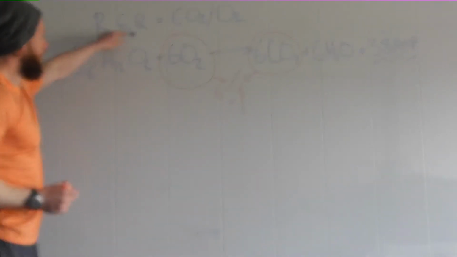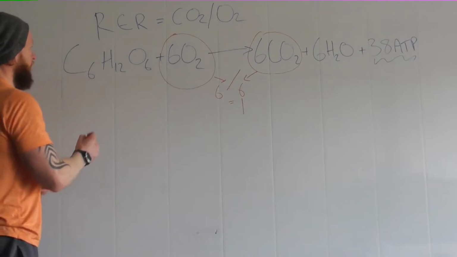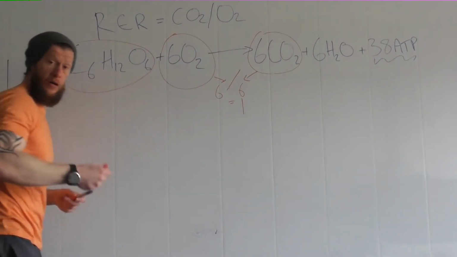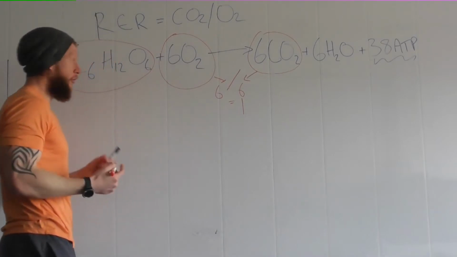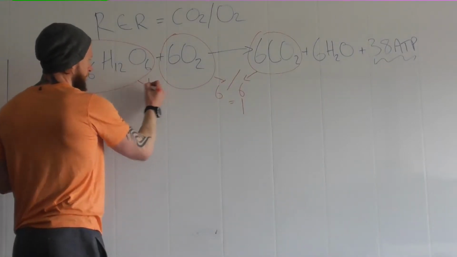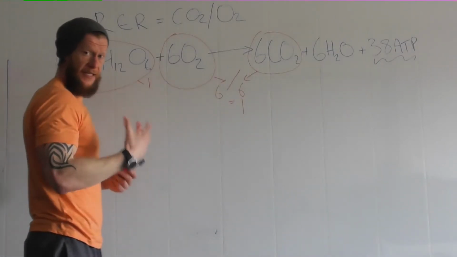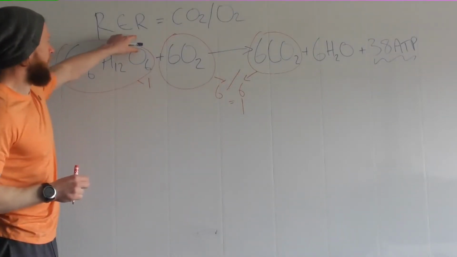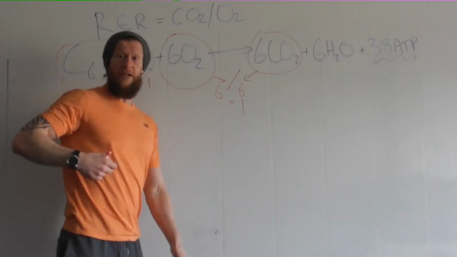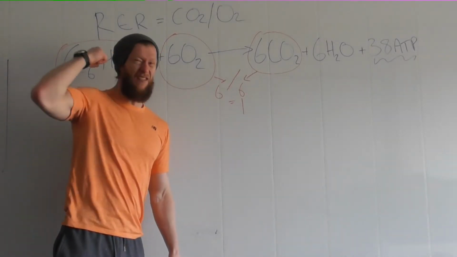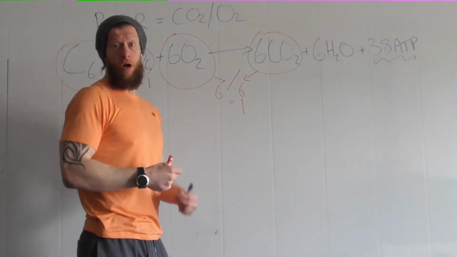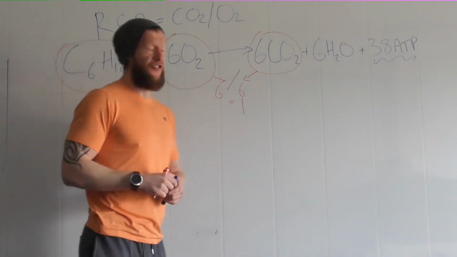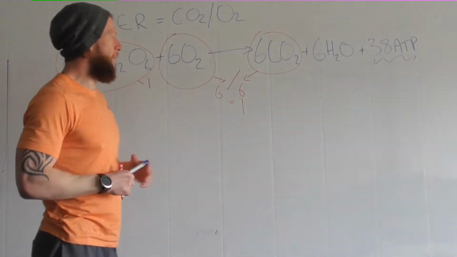So our respiratory exchange ratio for glucose, if we're completely oxidizing glucose or glycogen during exercise, is 1. If on a breath-by-breath analysis of an athlete this number comes out as 1, that means we are relying entirely on glycogen or carbohydrate metabolism to produce energy for exercise, to produce this rate of ATP.